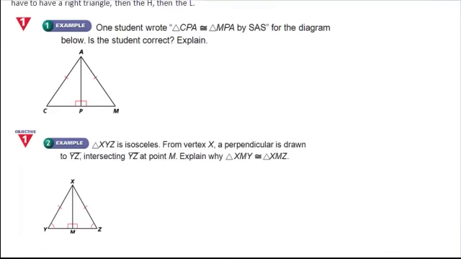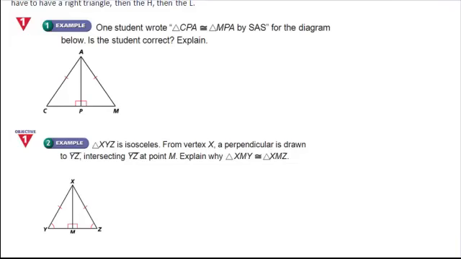And let's see what happened here. It says, one student wrote that triangle CPA is congruent to triangle MPA by side-angle-side for the diagram. Is the student correct? And remember, side-angle-side. In this triangle, the student can be correct because, don't forget, this is an isosceles triangle.